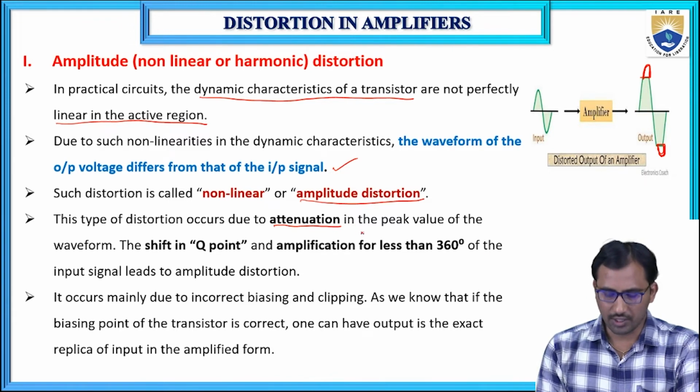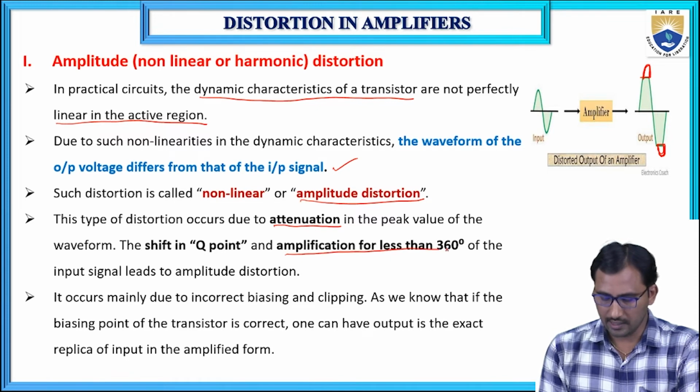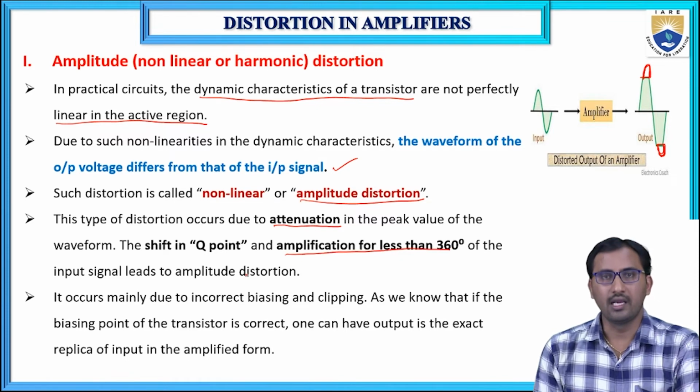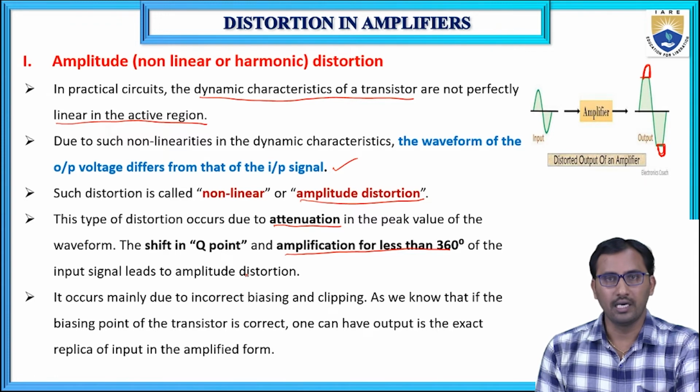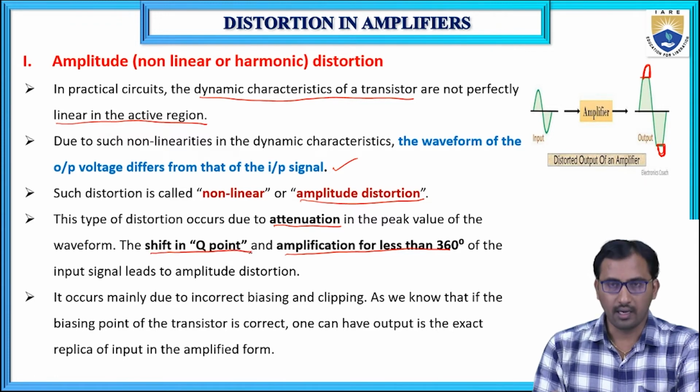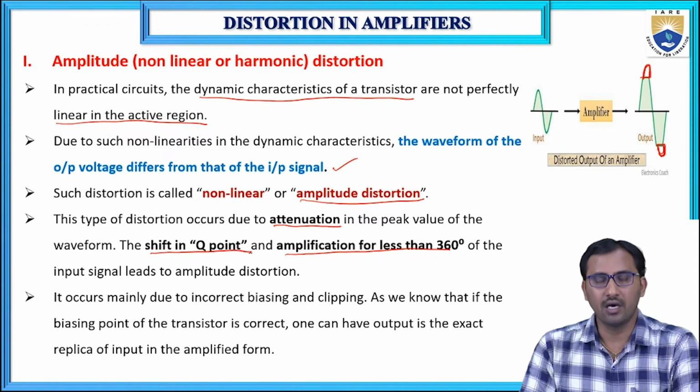So because of the attenuation or the shift in Q point, and amplification for less than 360 degrees of the input signal, that leads to amplitude distortion. So these are the main reasons: attenuation, a shift in the operating point, or amplification for less than 360 degrees of the input signal.